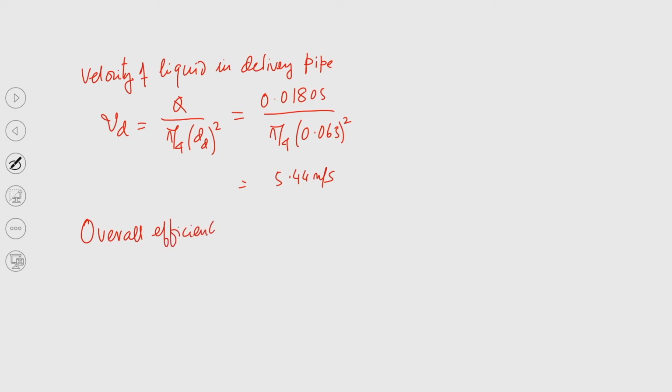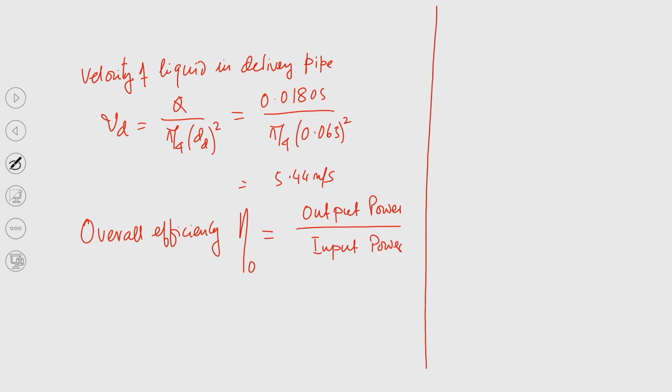First, what is overall efficiency? Eta O is the ratio of output power to the input power. Now, what is output power?